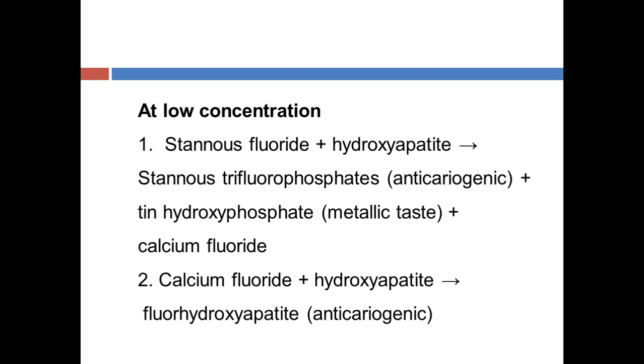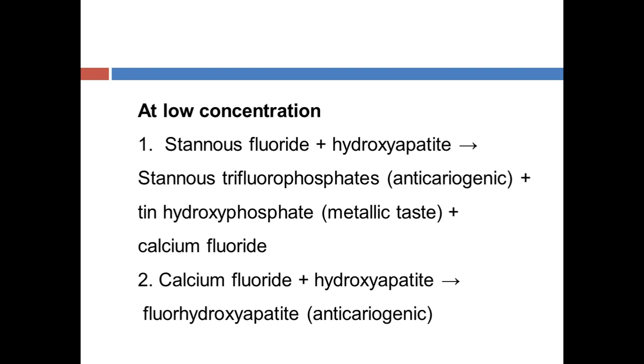So, this is a diagrammatic representation. Stannous chloride reacts with hydroxyapatite to form stannous trifluorophosphate, which is anti-carcinogenic. In low concentrations, what is happening? Tin hydroxyphosphate is forming, which has the additional disadvantage of giving a metallic taste, which is highly unacceptable for a child.